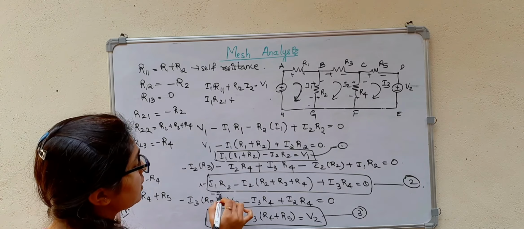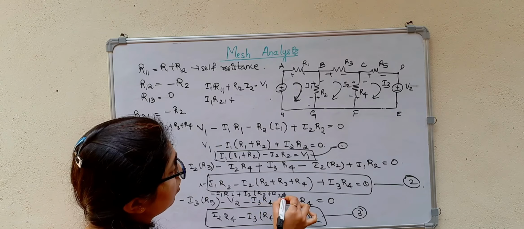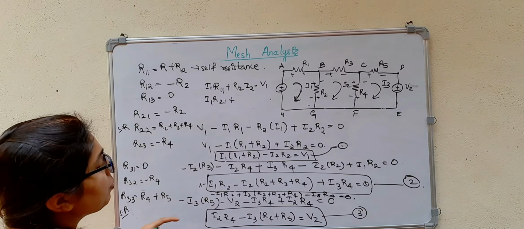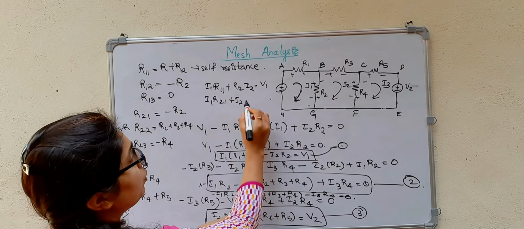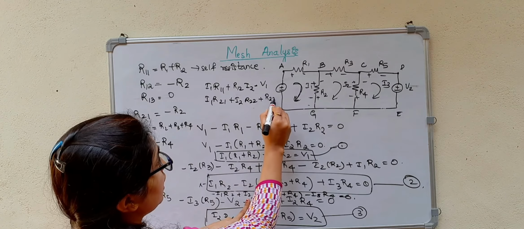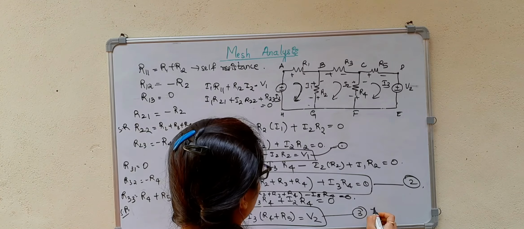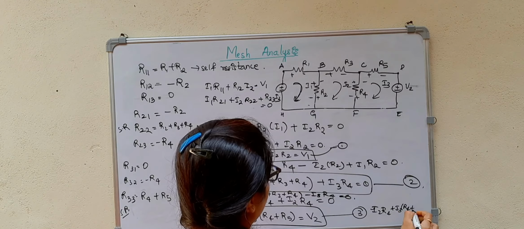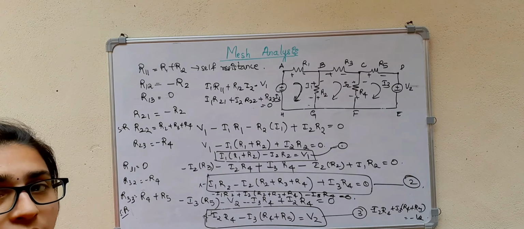So we can have minus I1 R2 plus I2 (R2 plus R3 plus R4) minus I3 R4, that is equal to 0. So minus I1 R2, then plus I2 R22, then minus R4 is R23, I3. Then that will be equal to minus I2 R4 plus I3 (R4 plus R5), that is equal to minus V2.